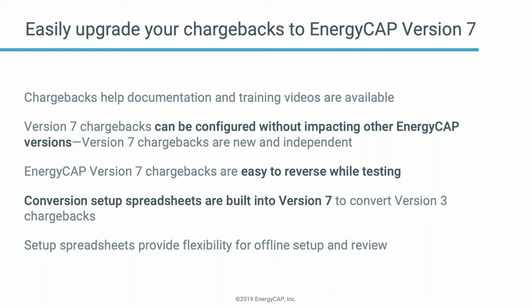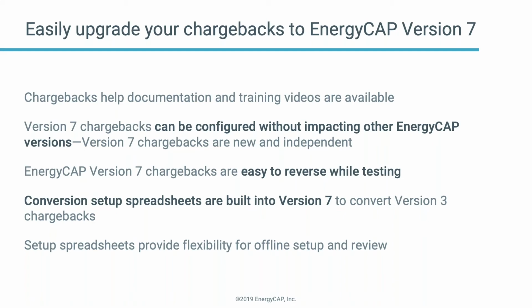We've also built in conversion setup spreadsheets into version 7 to convert version 3 chargebacks. So if you have version 3 bill splits and version 3 sub-meters that are already configured, you can download setup spreadsheets within version 7 that will automatically be populated with all your version 3 settings.